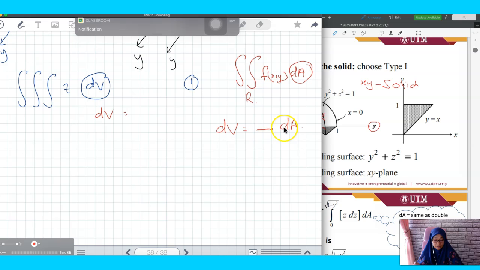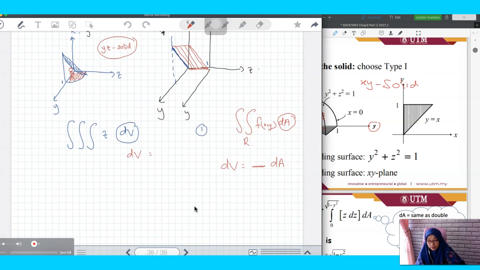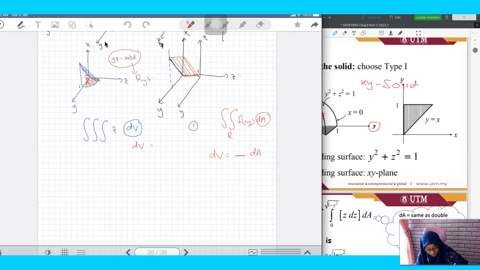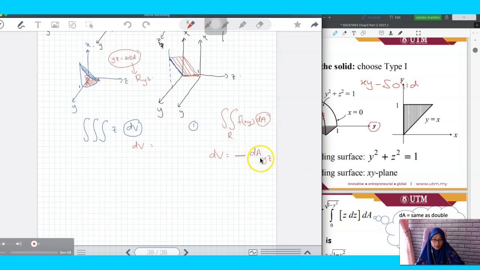The similar way applies here. Since your region is lying on yz, you put your dA on yz. So the dA here should be dy dz or dz dy.